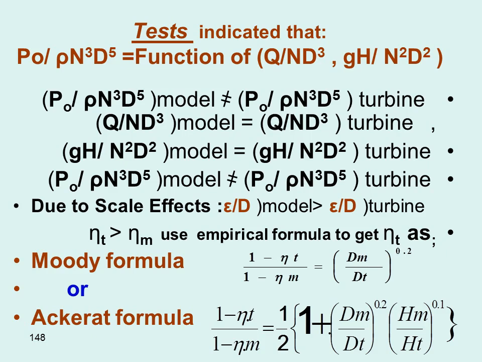If you have epsilon over d near 1 or around 1, P naught over rho n cubed d to the power 5 will be constant.